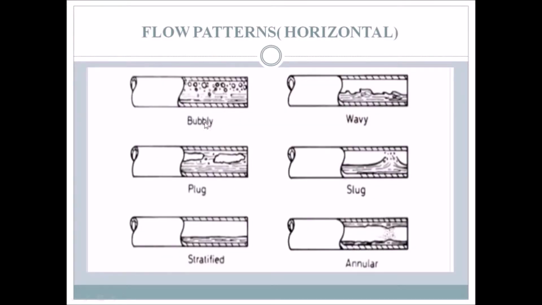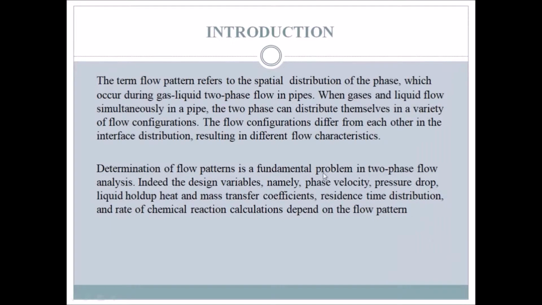Now, these are the various flow patterns that we have in a horizontal pipe. So the essence of this project is to be able to, given a superficial velocity of gas and liquid and pipe diameter, say that this very flow should be a bubbly flow or wavy flow, so that we can use the model for bubbly or wavy to do the calculation for the parameters that we earlier listed, like phase velocity, pressure drop, and the rest of them.